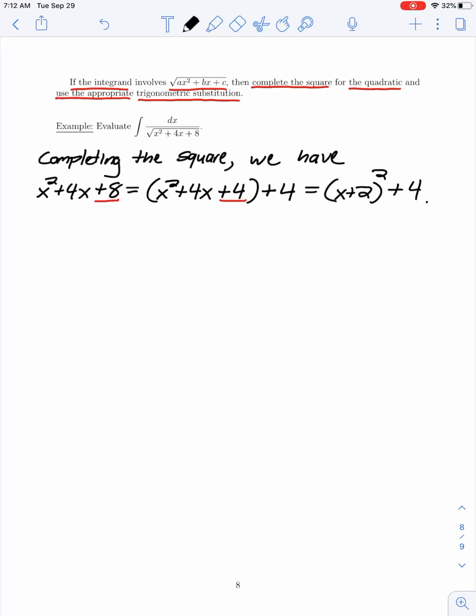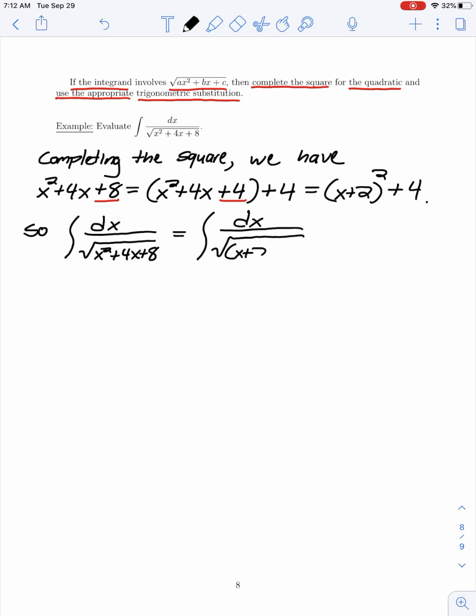So let's see what we have. Our integral of 1 over the square root of x squared plus 4x plus 8 dx is the same as the integral of 1 over the square root of x plus 2 quantity squared plus 4.